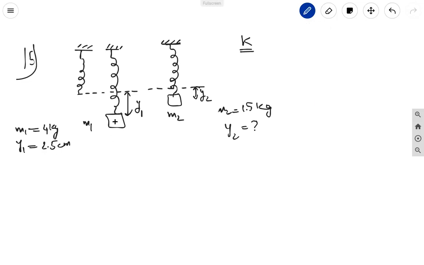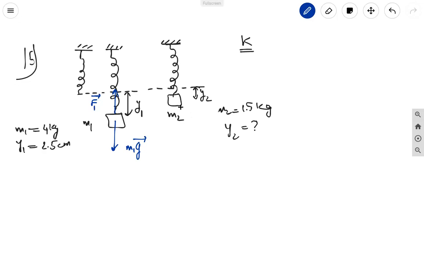What kind of forces act on this object when it's hung vertically on this stretched spring? We have first the weight, M1 g, and on the other side the spring force, which is exerted by the spring on M1. It tries to push it up. I would just call it F1 for the moment, but it's the spring force. So keep this in mind.